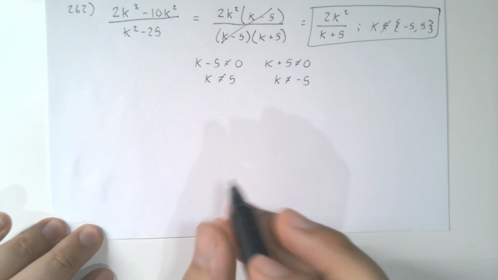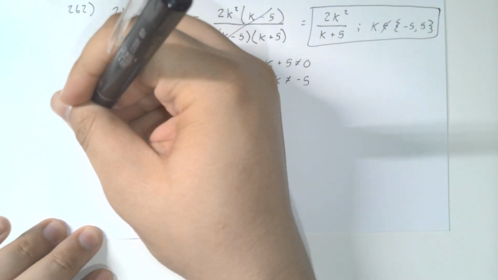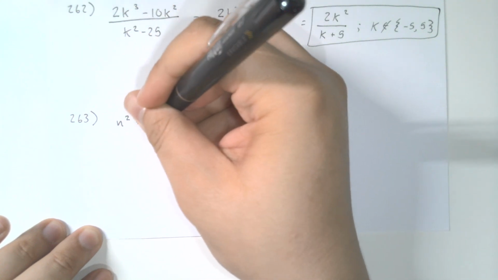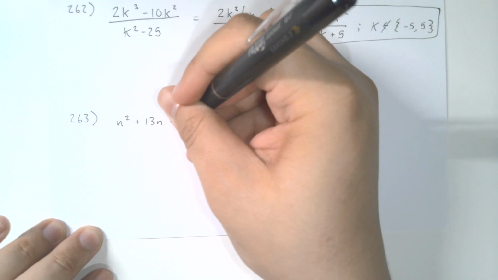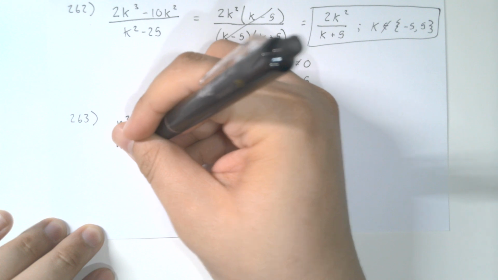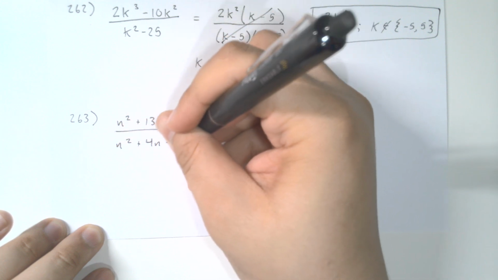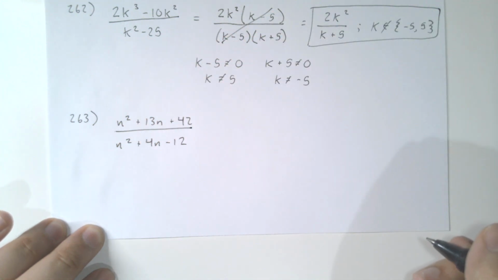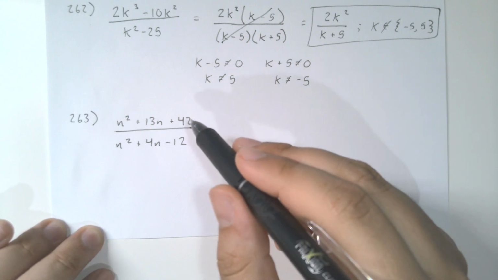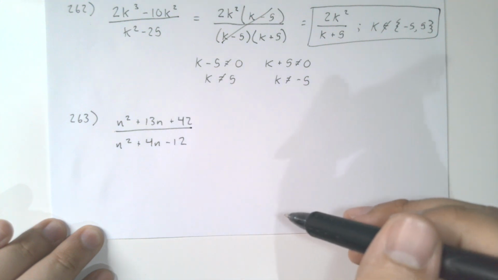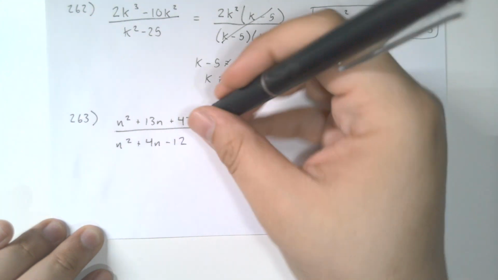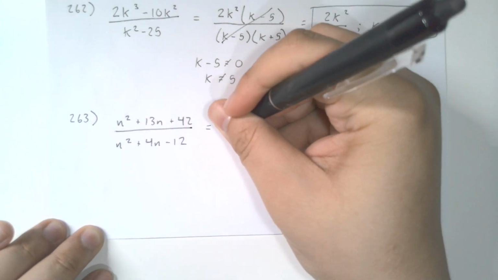Let's look at the last two. For 263, we have n squared plus 13n plus 42 divided by n squared plus 4n minus 12. So let's factor both the top and bottom. Let's find two numbers that multiply to 42 but add up to 13. So let's see, we have 6 and 7.